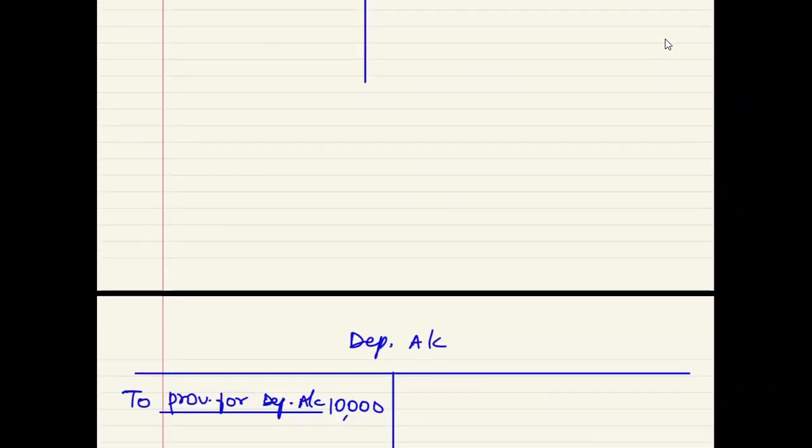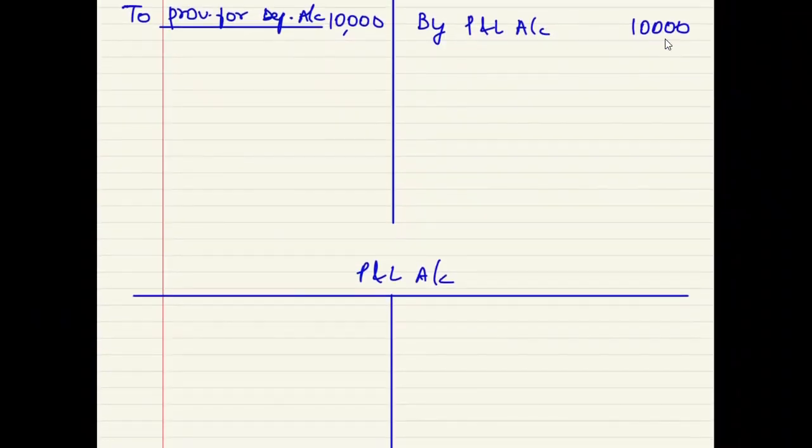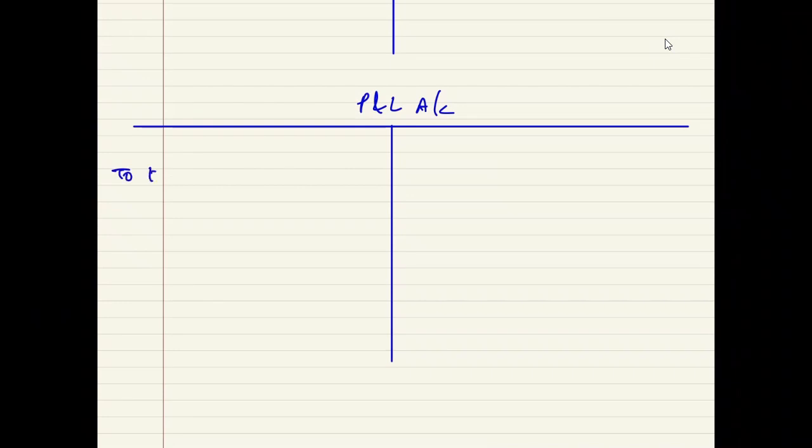And your depreciation account will be closed. The balance will be transferred to the P&L account, 10,000. Here also in your P&L, the depreciation will be charged 10,000. These were all the entries for 2020.